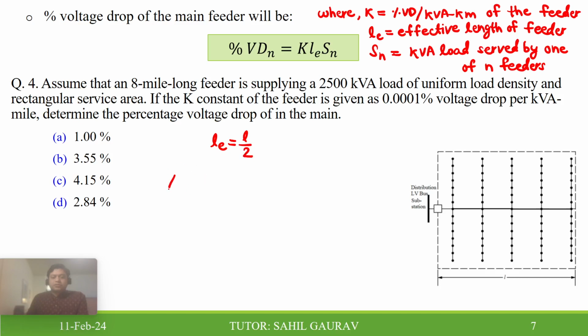So just put all these values. Percentage voltage drop equals K into L effective into S_N, which is K into L divided by 2 and S is 2500 kVA of uniform load density.